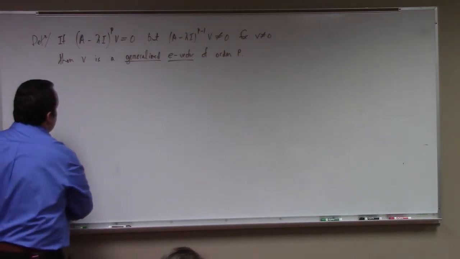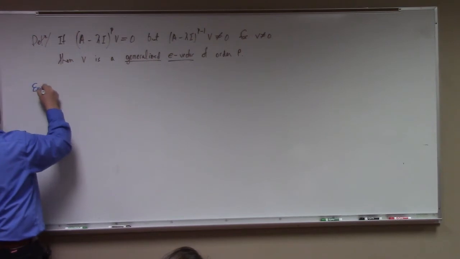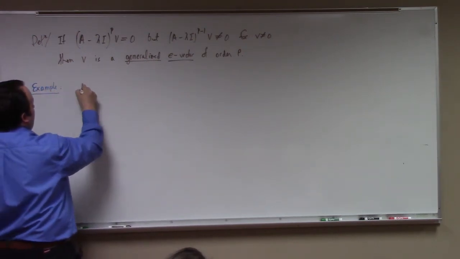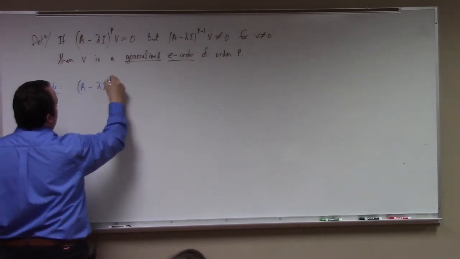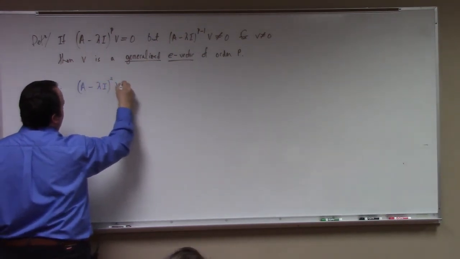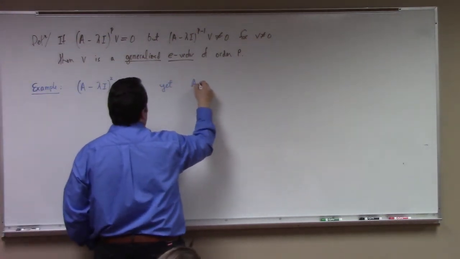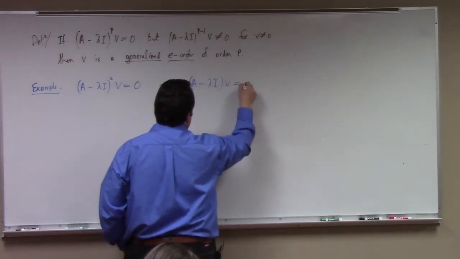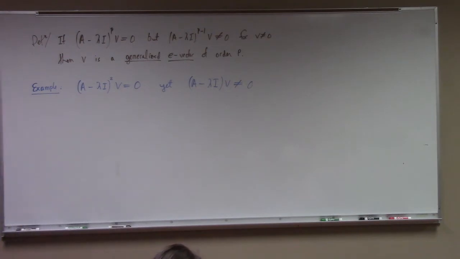So let me show you an example of this symbolically. Suppose you had A minus lambda I squared acting on v equal to 0, yet A minus lambda I on v is not equal to 0. Then that would make v a generalized eigenvector of order 2.